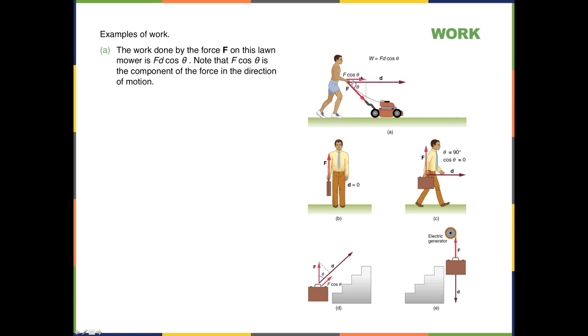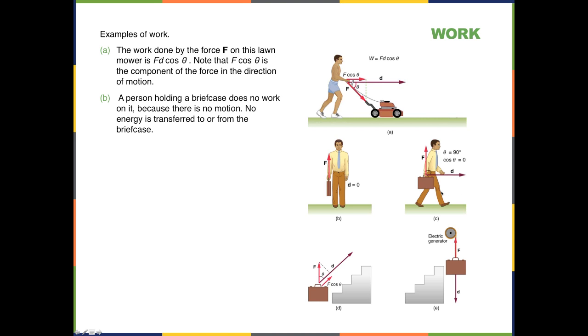So you would have F cosine theta times this distance, and that would be the work being done on this lawnmower by this individual exerting this force. Now this next guy is not moving. He's exerting a force, holding this briefcase, but it's not moving. Therefore, d is equal to 0, and therefore no work is being done.